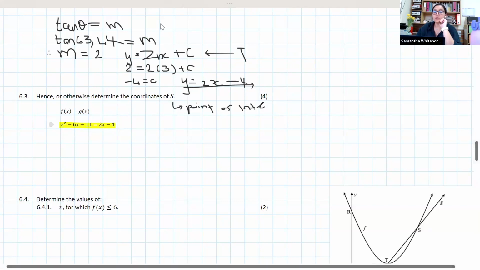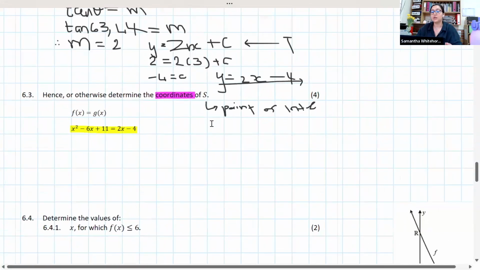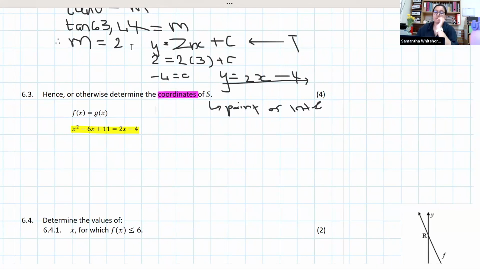Now, guys, importantly, the question says to us, determine the coordinates of S. What that means is I want both x and y. Sometimes the question says to calculate or determine the x coordinate or the x value of S. Then you will just stop after you found x. But in this case, it says coordinates. It wants both. So I'm going to give you 3 minutes.